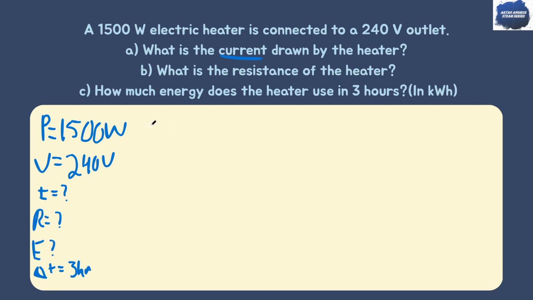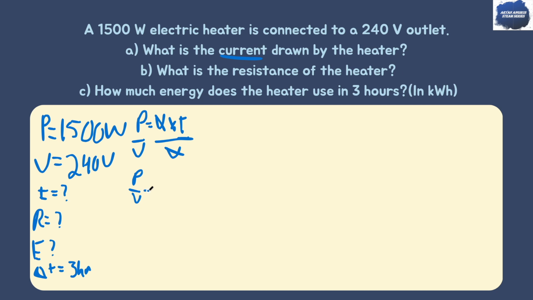So again, we would use the power formula. So P equals V times I. You would divide everything by V. You're trying to get I. These two would cancel out.